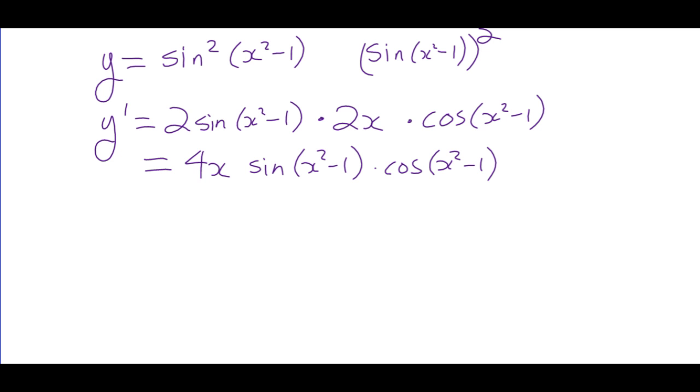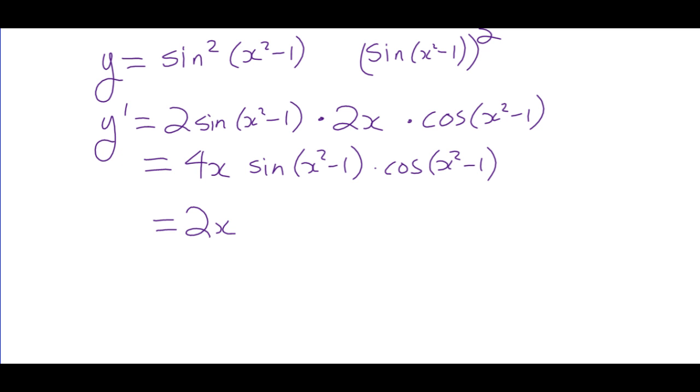Now somebody's sitting there going, hey, the identity sheet, where's the identity sheet? Is there something like sine of 2x is 2 times sine x cos x? Well, I've got sine of something times the cos of something. If I can make that 2 times that, how do I do that?